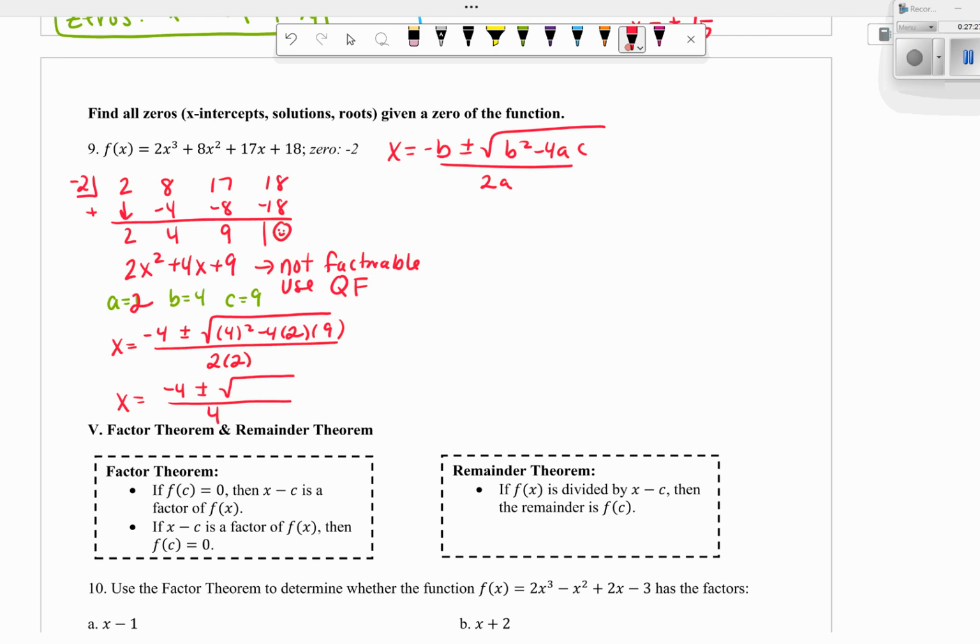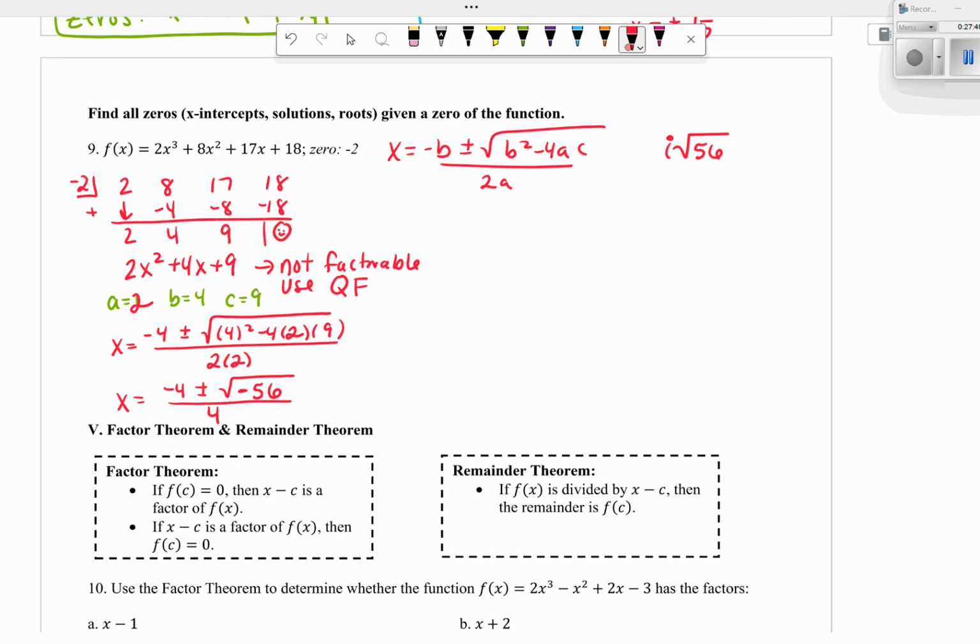So then 4 squared minus 4 times 2 times 9 would give us -56, I believe. Yeah. So for this, then I want to simplify that. So I'm going to do some work off to the side over here. If I have a negative underneath the radical, remember that becomes i root 56.